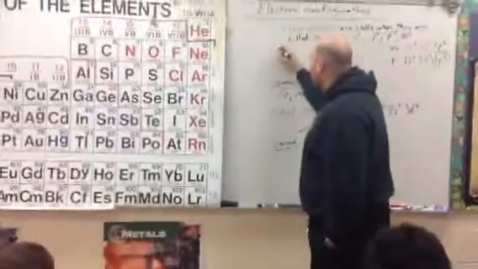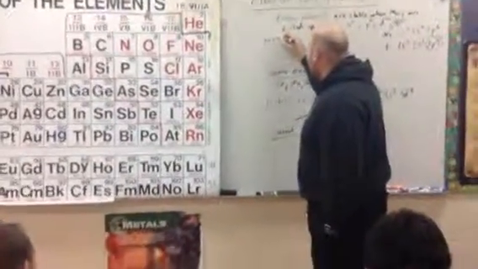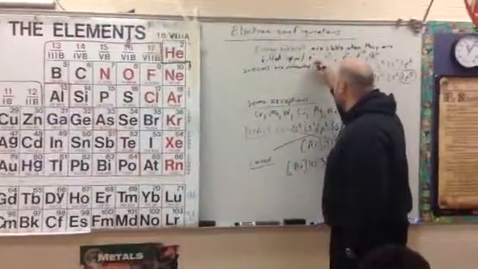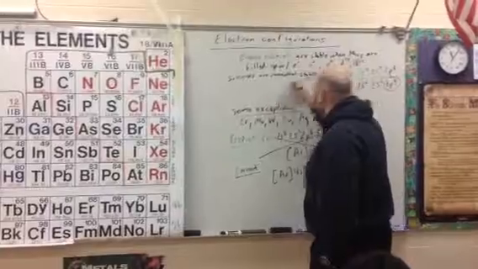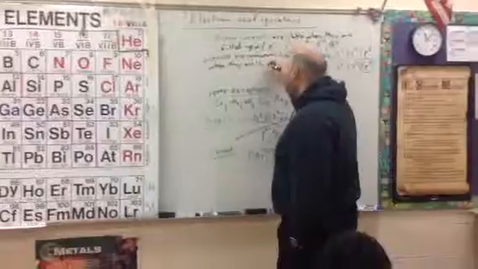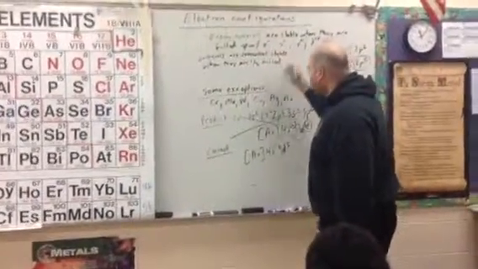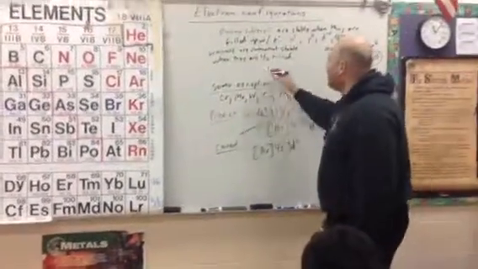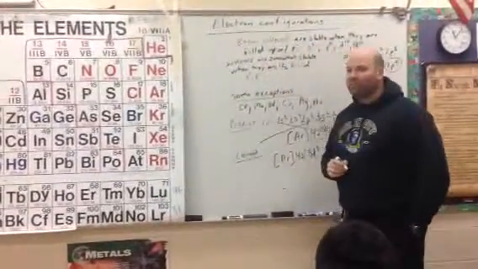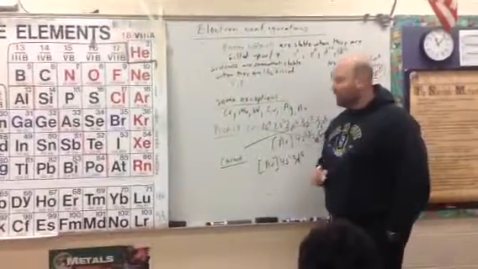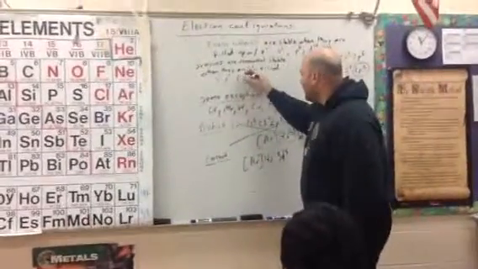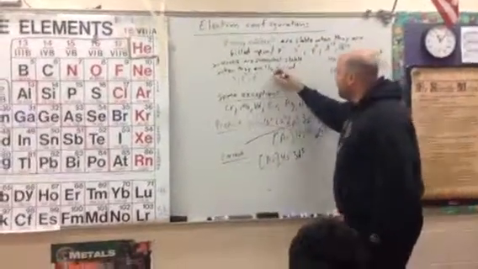As it turns out, and we're going to want to write this down, sublevels are somewhat stable when they are half filled. And then the question becomes, well, what would that look like? That would be like s1 or p what? 3. p3. For d, that would be what? d5. And for f, that would be f7.